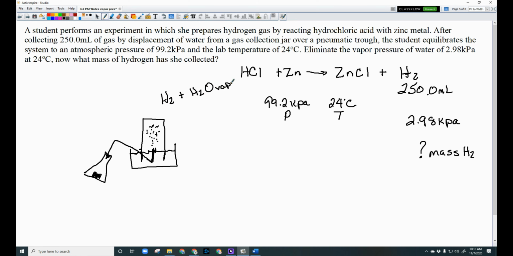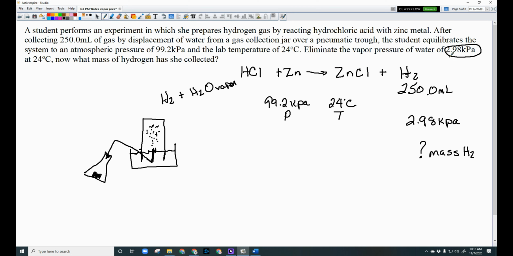We just want to know about the hydrogen gas, so we need to eliminate the water vapor. And the only way you know that is by being given that. At a certain temperature there's a certain pressure of water vapor, and it gives us that in here. So at 24 degrees Celsius, we have a water vapor pressure of 2.98.